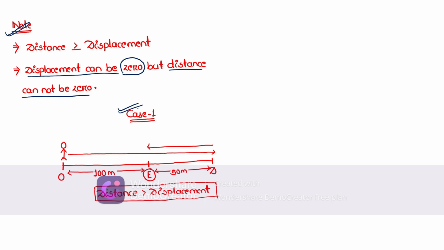Here in the first case, as you can see, there is a person. He started walking from point O, where the value is 0, to D. Again he returned back to E. If I calculate the distance, first he covered 100 meter, then plus 50 meter, then again when he returned, he covered 50 meter.